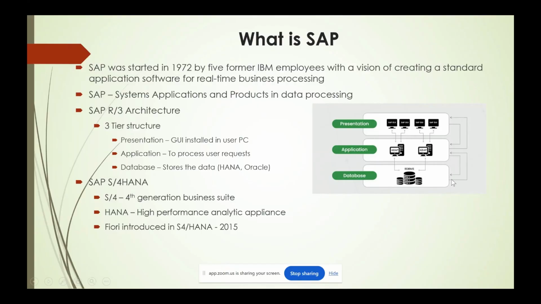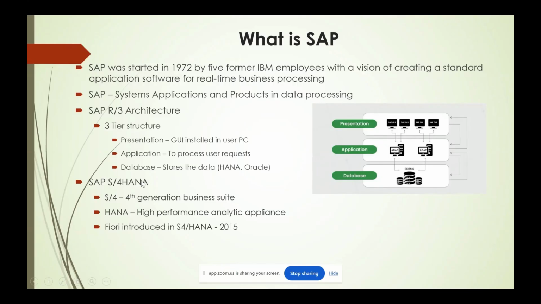Apart from the HANA database, SAP also developed Fiori, which is nothing but a mobile application. Basically, SAP can be categorized as ECC, which is ERP Central Component, the first solution of SAP, and then later S4 HANA was developed.